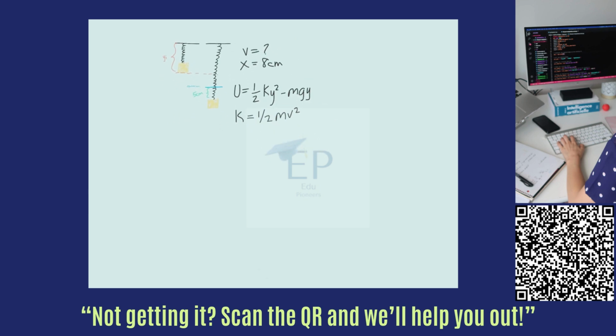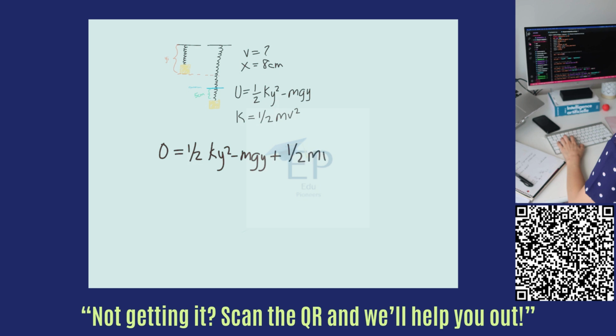Now if we take those two and make them equal to 0, 0 equals 1/2 ky squared minus mgy plus 1/2 mv squared, we can solve for our velocity.